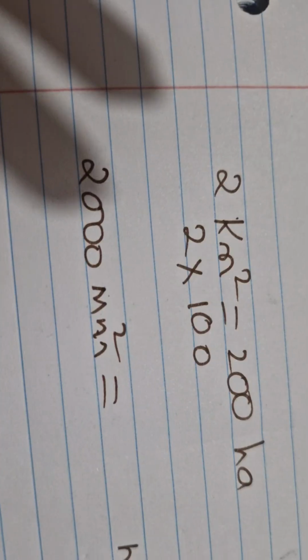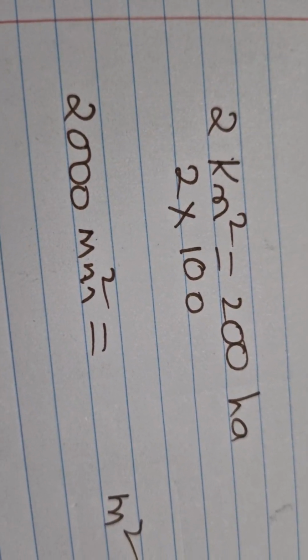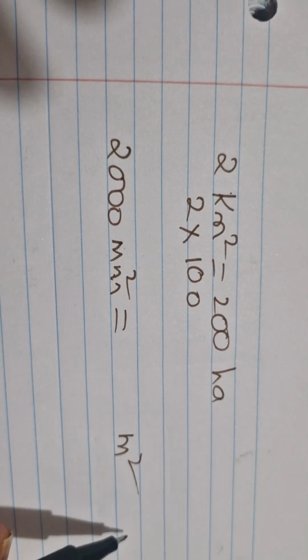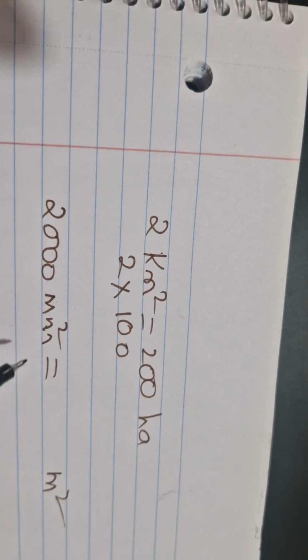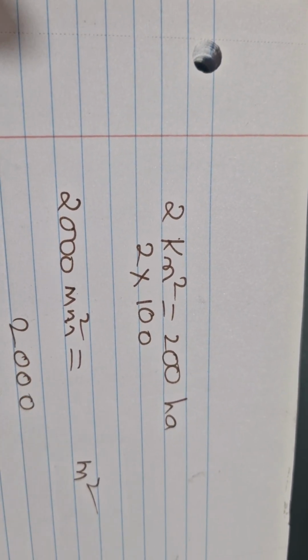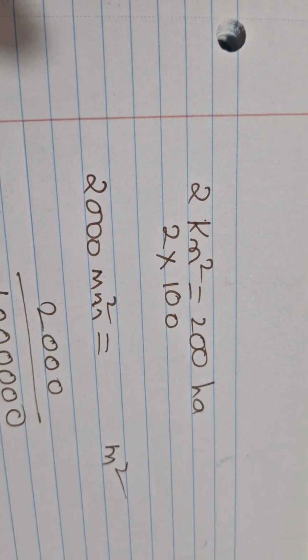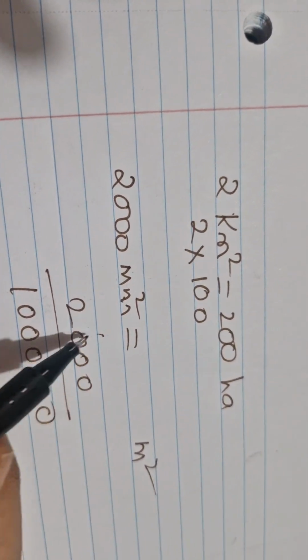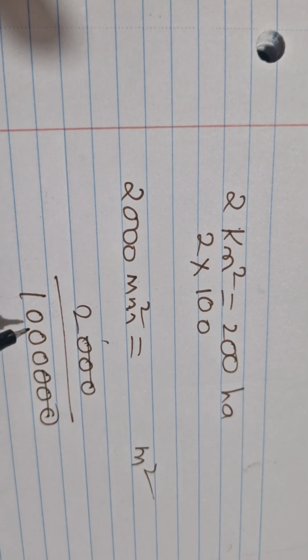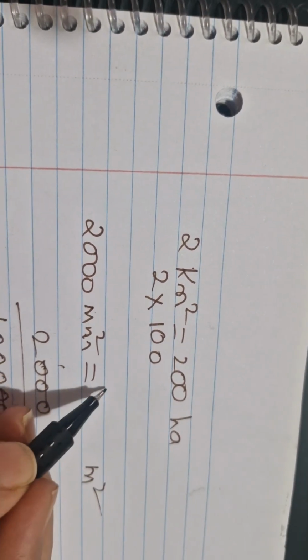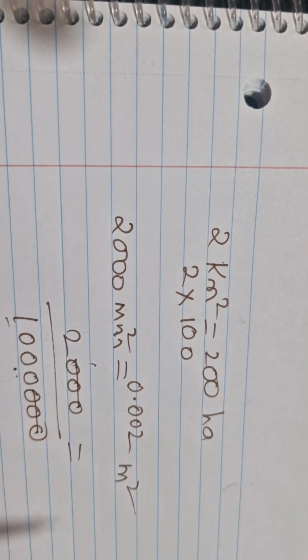So 1 meter square will be 1000 times 1000. And that too you will divide because you are converting from smaller to bigger. So divide with 6 zeros because 1000 times 1000 will be 1 million. So you have 3 zeros here, cancel out these 3 zeros. 3 zeros still remain, so you will divide. So it will be 0.002.